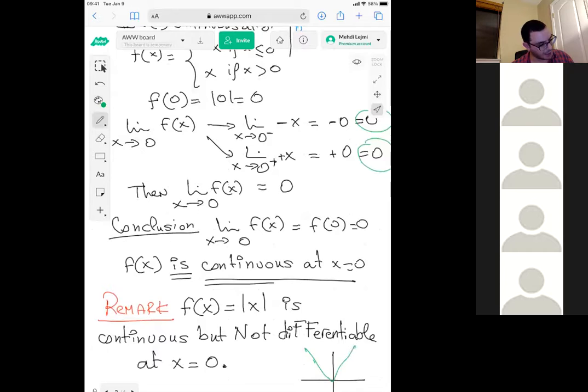I didn't stop at x equal to 0, right? So it's a continuous curve. There's no interruption here at x equal to 0. So it's continuous. There's no hole there, right? Or break.